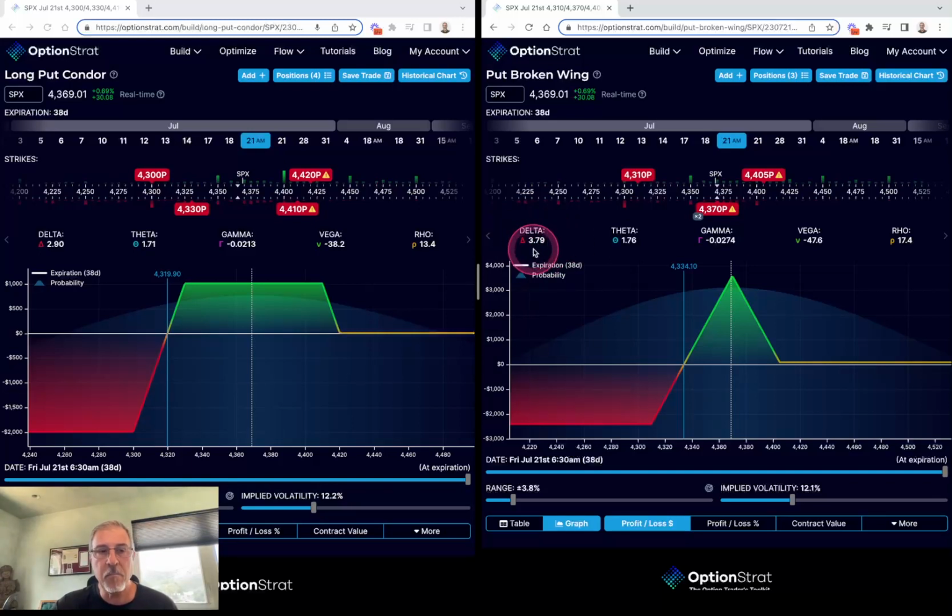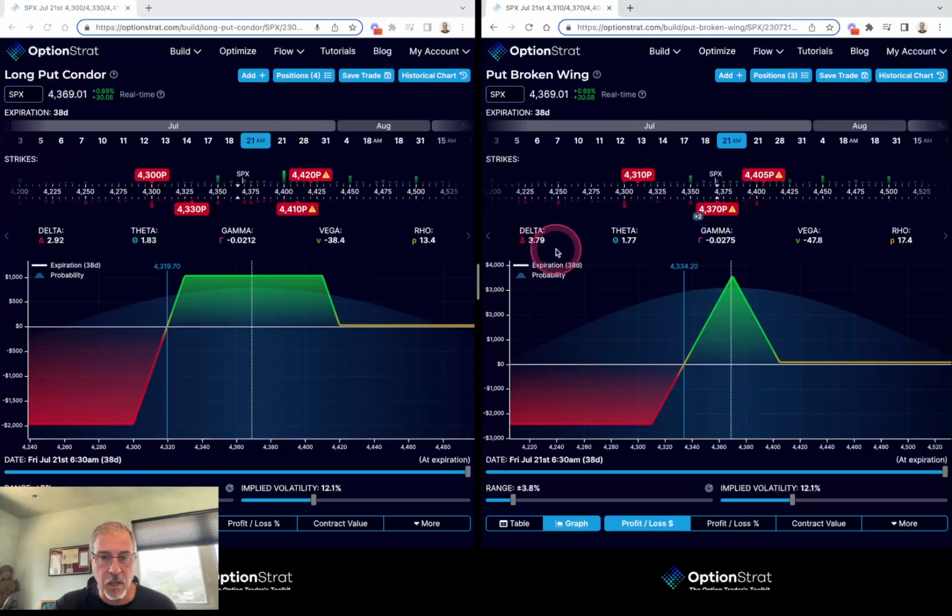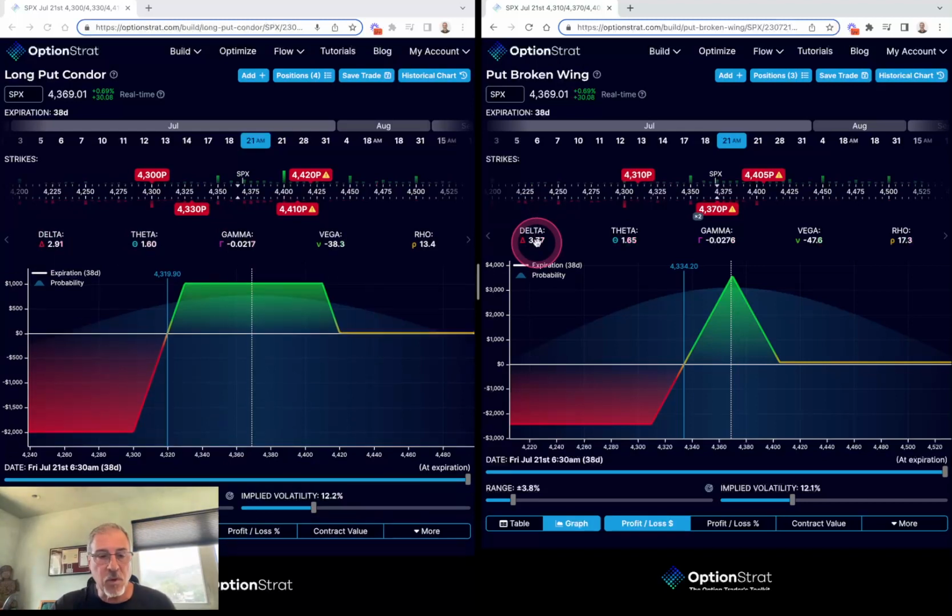It's going to be impacted a little bit more. In an up move, it's going to show a little more profit faster. In a down move, it's going to give back a little bit faster. So it's just going to be slightly more volatile, or directional is probably a better word. But it's slight. You're about 1 point difference in delta. So that's really what we're looking at.